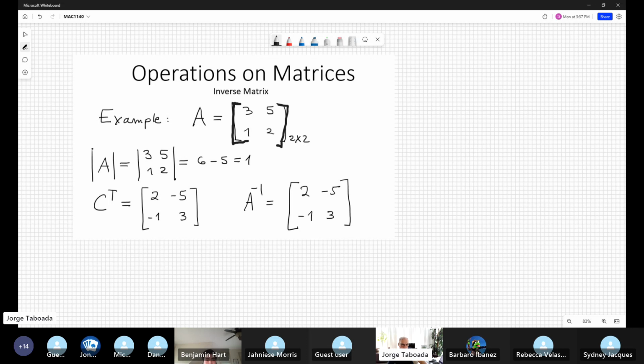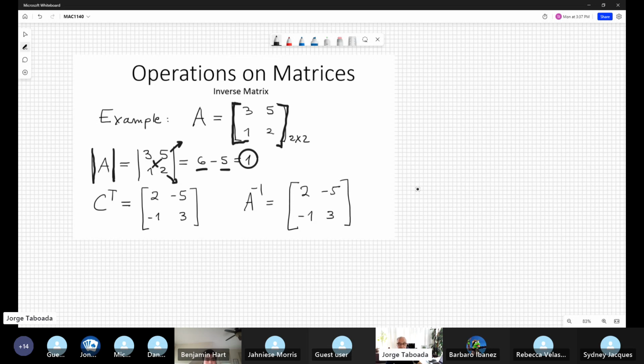You put the vertical bar, the notation for the determinant. Inside you put the numbers 3, 5, 1, 2, and you apply what you know about computing the determinant. This is 6 minus 5, which is 1. Cool, I created an easy example. When you divide by 1, you are doing nothing.